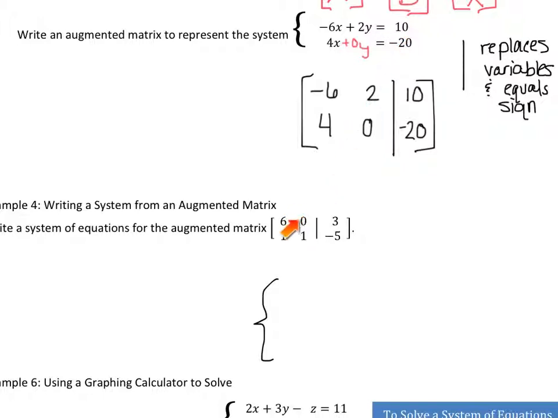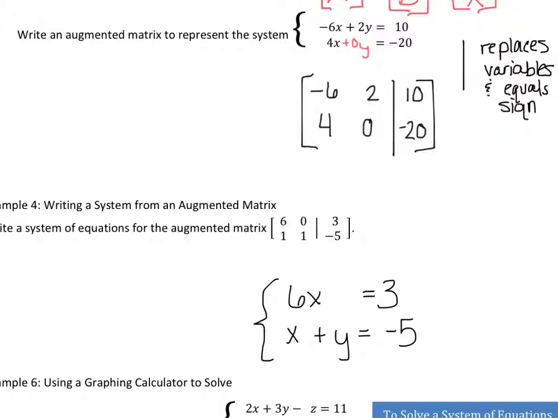So what will this one make? 6x plus nothing y equals 3. Okay, and then what about the second row? X plus y equals -5. So those ones are invisible in front of the X and the Y. Not too bad?